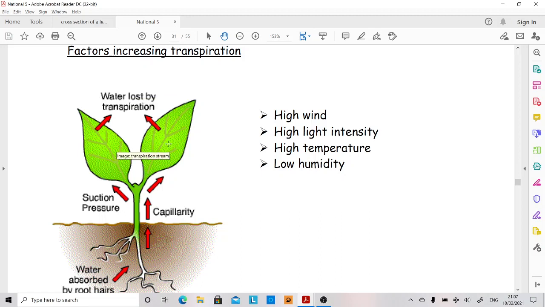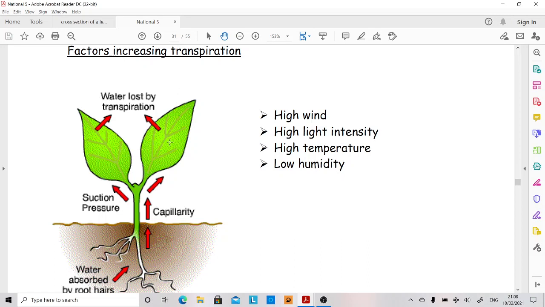If you've got a high light intensity, the plant's going to be wanting to do photosynthesis, and the stomata need to be open in order for you to have photosynthesis happening, because you need to get carbon dioxide in. If it's a high temperature, the plant is going to be losing water to cool itself.